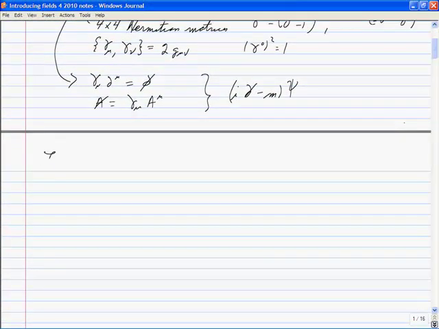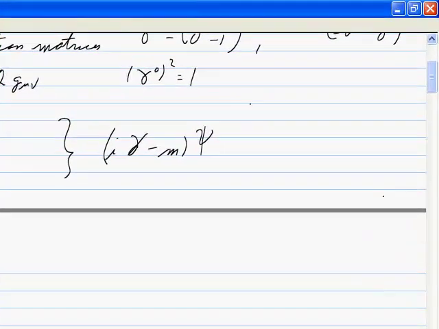Okay, the Lagrangian. Actually, I need one more thing before the Lagrangian. Let's see if I can squeeze it up here. It's the definition of psi bar: psi bar is psi dagger gamma 0.